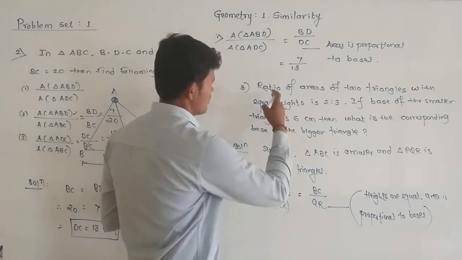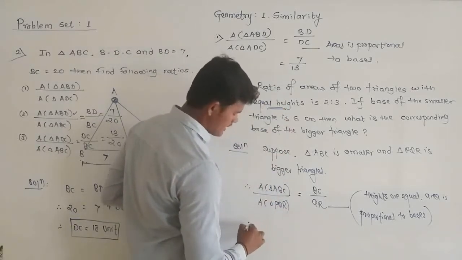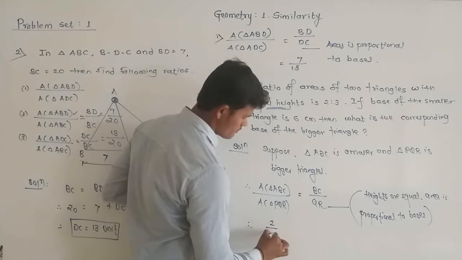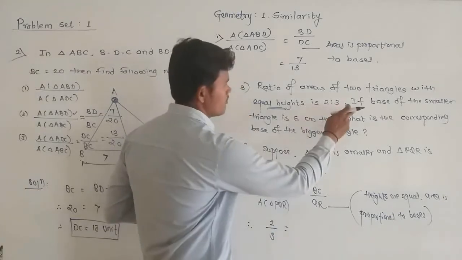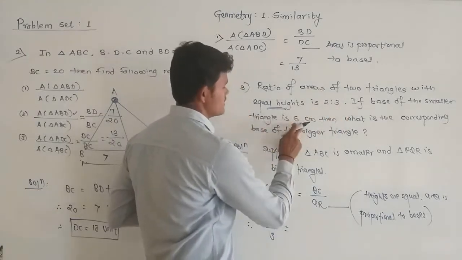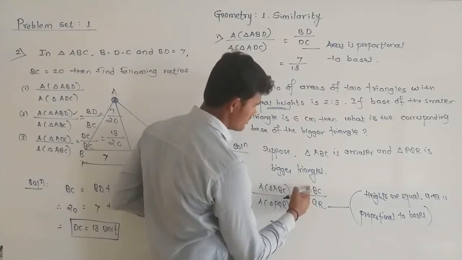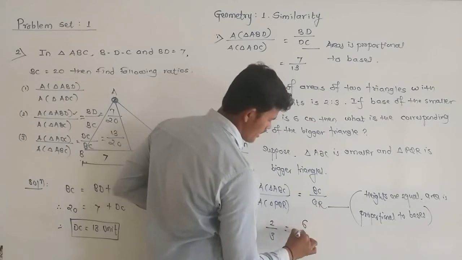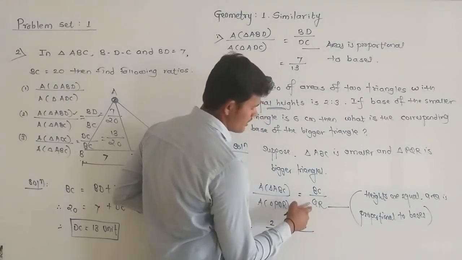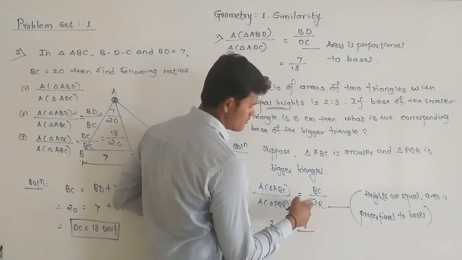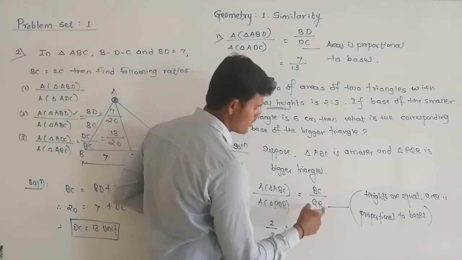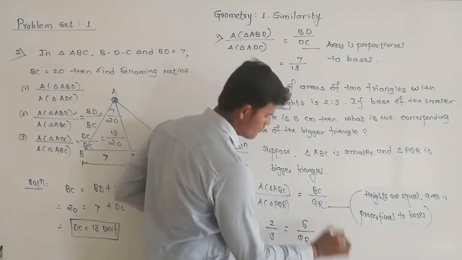But the ratio of areas of triangles is given, that is 2:3. Now, base of the smaller triangle is 6 centimeters. So here triangle ABC is the smaller triangle. So their base, that is BC, is 6 centimeter. And we have to find the corresponding base of the bigger triangle. So the base of the bigger triangle is QR, and we have to find the length of QR.